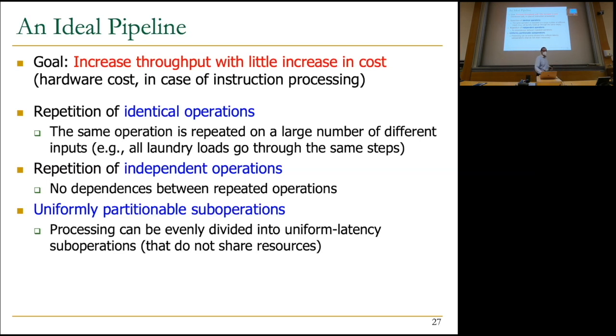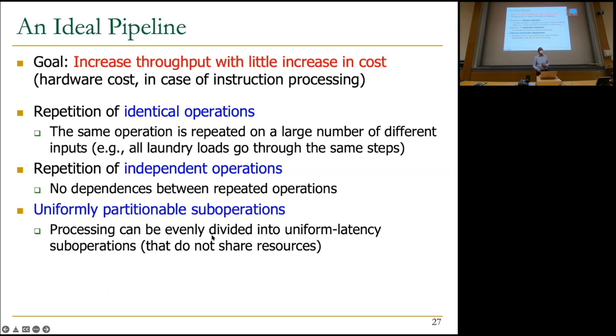You can make it uniformly partitionable, hopefully. It requires some effort, actually, but they do not share resources in the laundry case. The assembly line of cars also has this property. You need to be careful about the evenly divided parts still in those ideal pipelines, but you can make that happen. In a computer pipeline, it's actually much harder to do this.